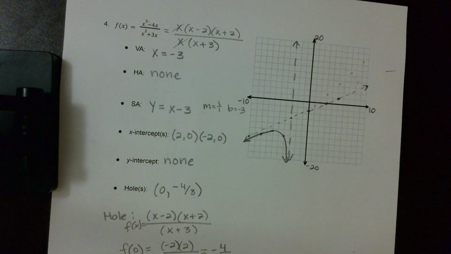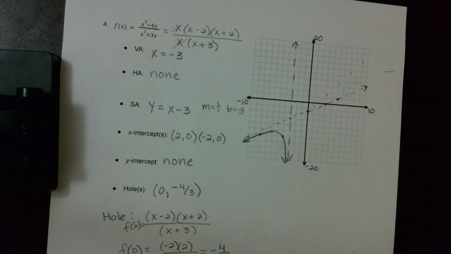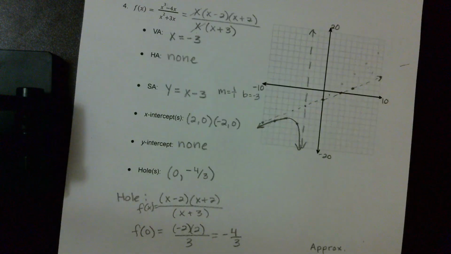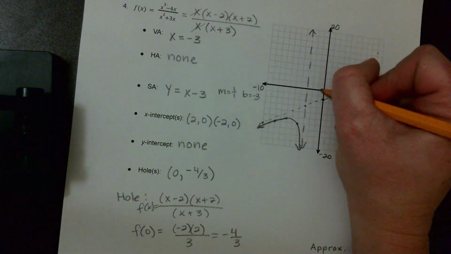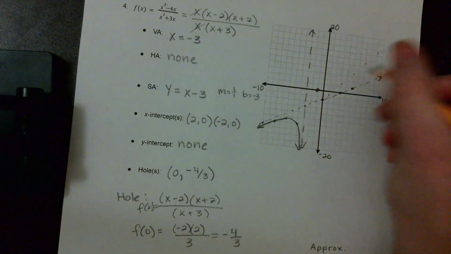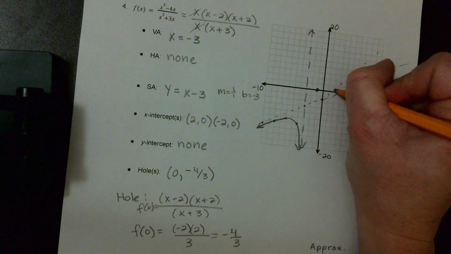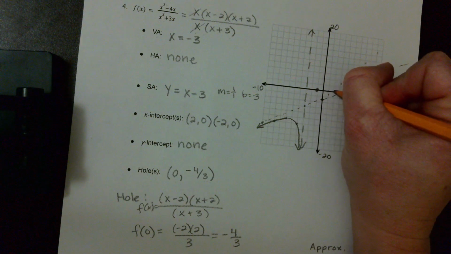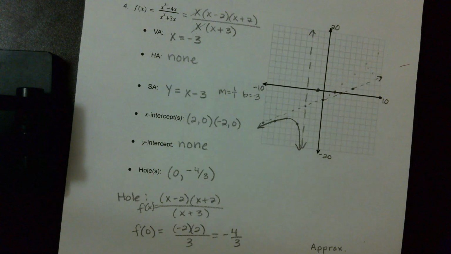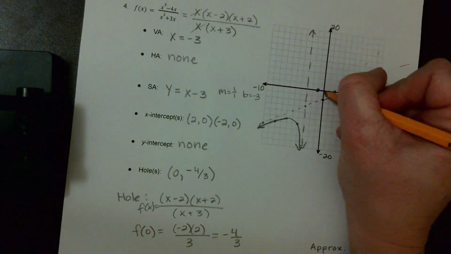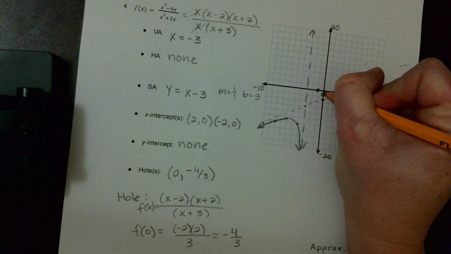Okay, and then on the other side, at -2, I'm at 0. At 2, I'm at 0. I should have a hole at 0, -4/3.